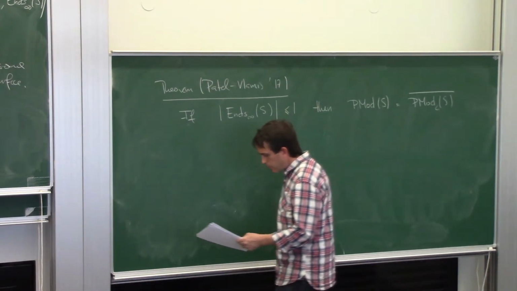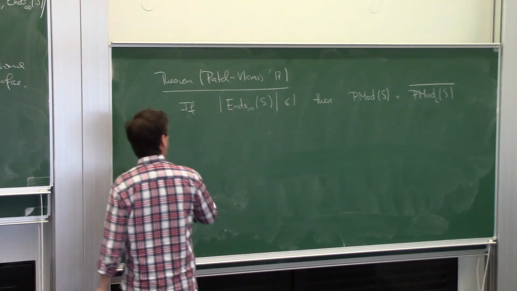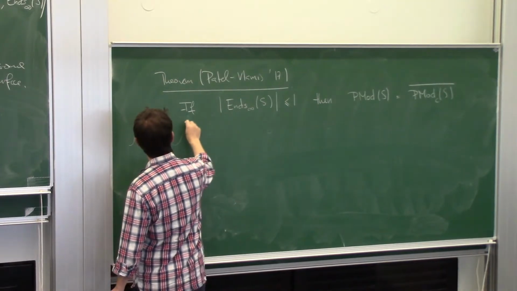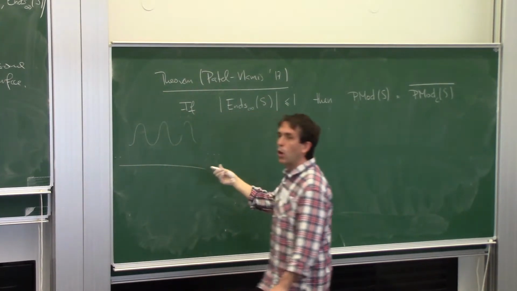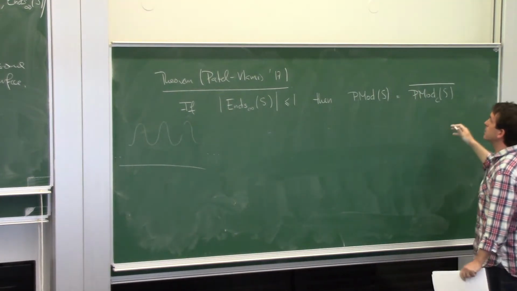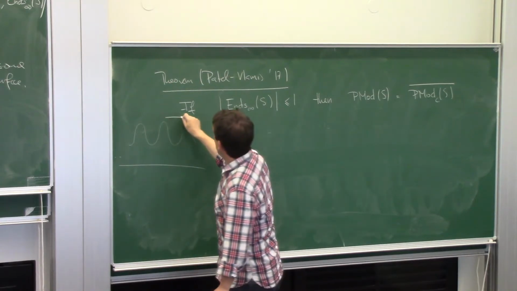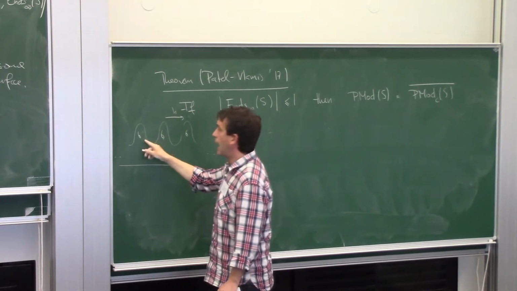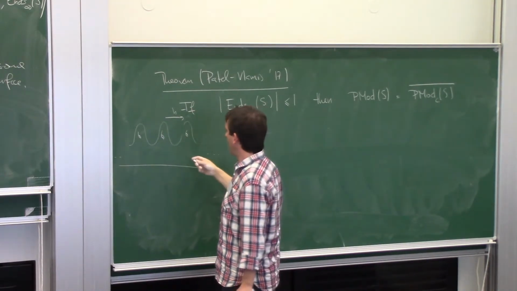Otherwise, this is not true, but it's almost true. For instance, if you have a two-ended surface like this, there's an obvious element of the pure mapping class group that you won't be able to get from twists, which is a homeomorphism that shifts a handle by one. Those are called handle shifts.